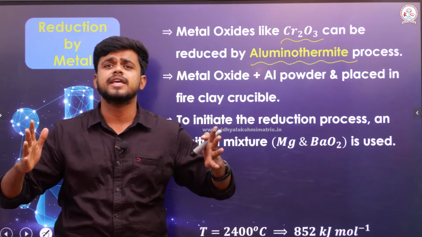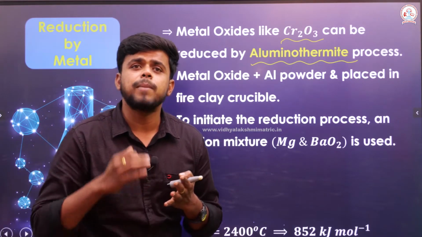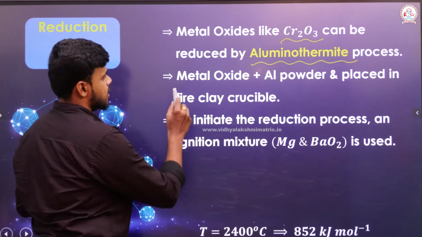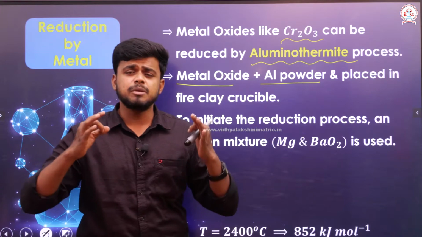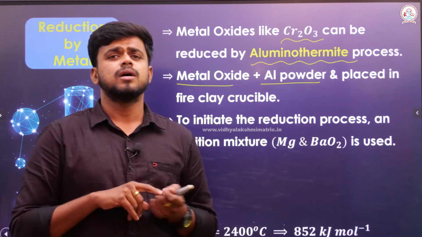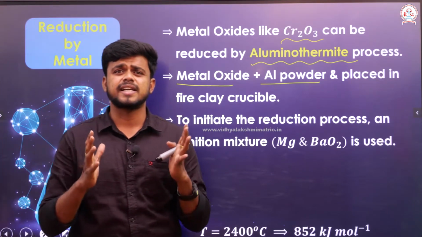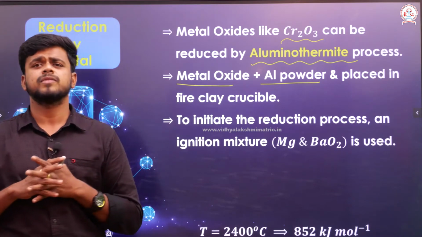What I am going to take here, the metal oxide will be taken along with powdered aluminium. The metal oxide and the powdered aluminium will be taken and placed finely in a fire clay crucible, the crucible which resists a greater temperature. That's called a fire clay crucible.